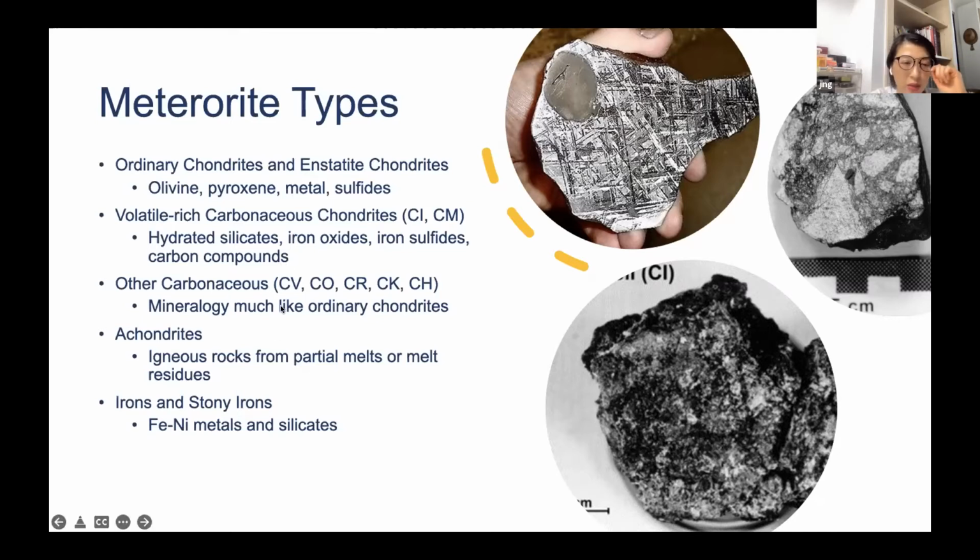Some other carbonaceous chondrites, CV, CO, CR, CK, and CH, have mineralogy much like ordinary chondrites. The achondrites are a minor group, igneous rocks from partial melts or melt residues. Then there are the irons and stony irons, usually iron, nickel metals, and silicates. So the asteroids linked with them have similar composition.